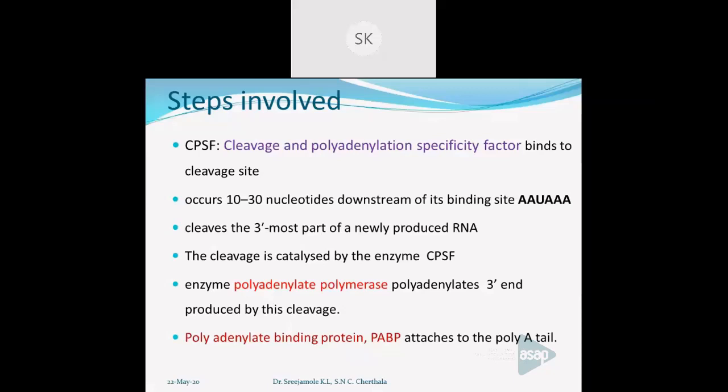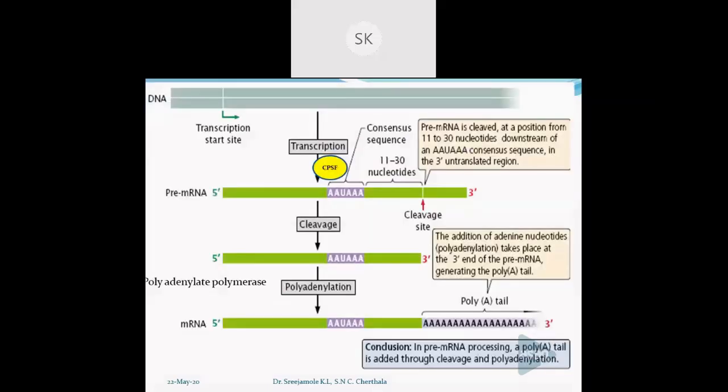It protects the poly-A tail so that no nuclease will attack and degrade this mRNA. So these are the steps involved in polyadenylation. The main protein involved is the cleavage and polyadenylation specificity factor.